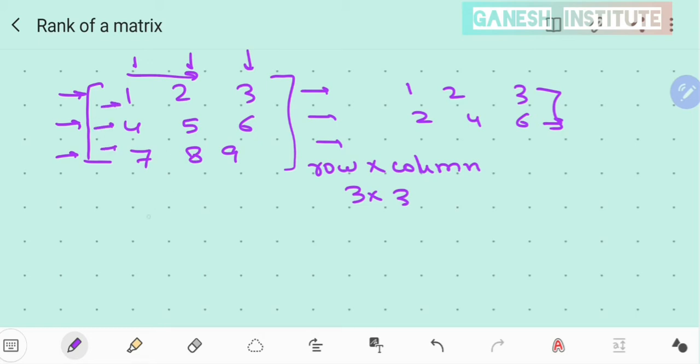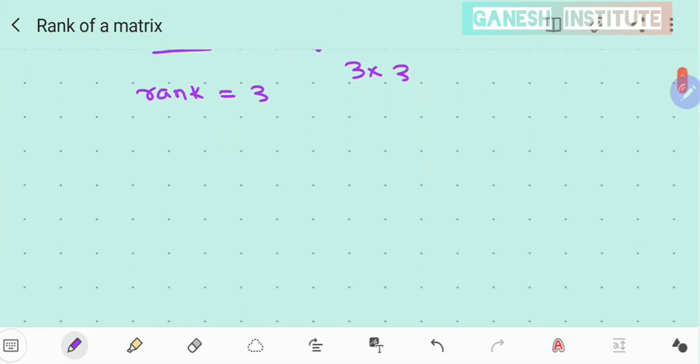That means the rank of the matrix is 3 here. The rank is basically the number of rows if all the rows are different. Let's say if it is 7 here instead of 4, it is still not making the rows the same or similar, right? That also makes the rank of the matrix 3.